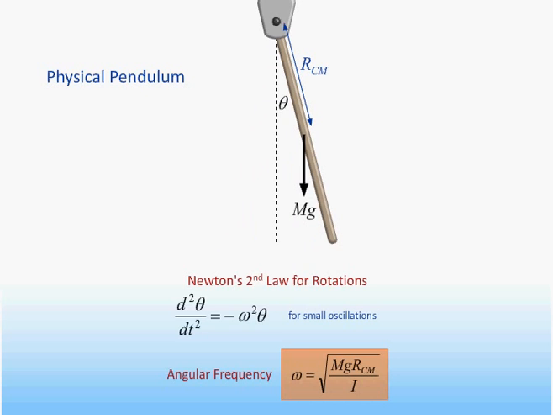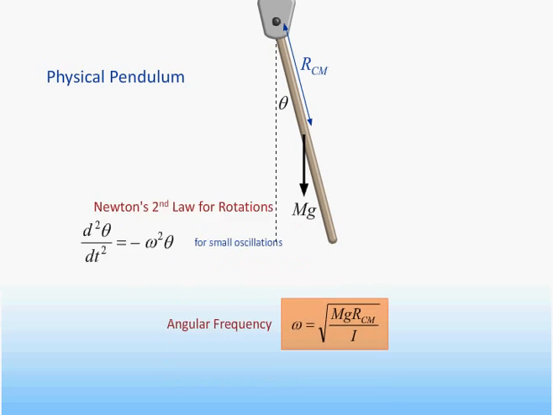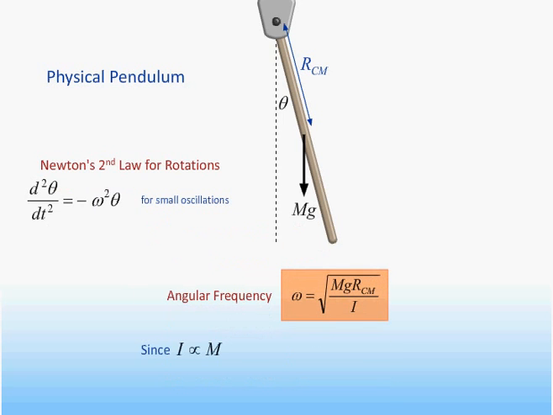The frequency of oscillations is proportional to the square root of the ratio of the weight of the object to its moment of inertia about the pivot times the distance between the pivot and the center of mass of the object. Since the moment of inertia is always proportional to the mass of the object, we determined that the oscillation frequency is independent of the mass of the object, being determined just by the size and the shape of the object.